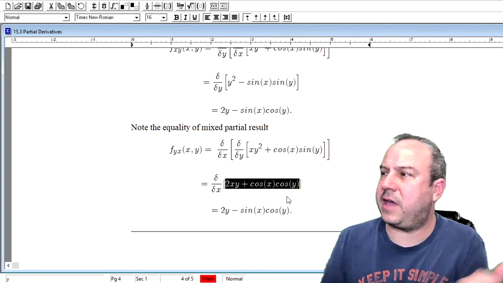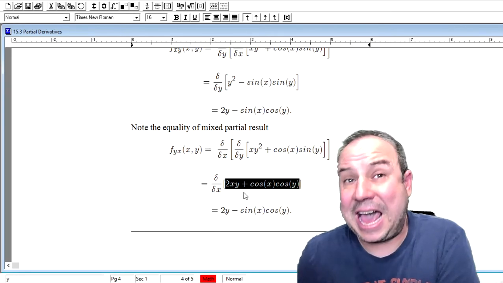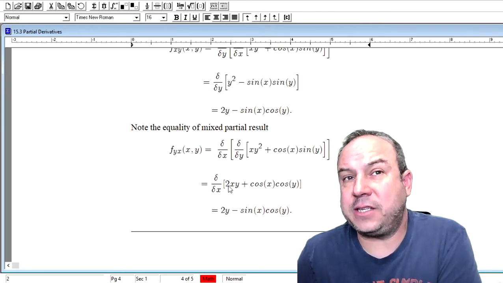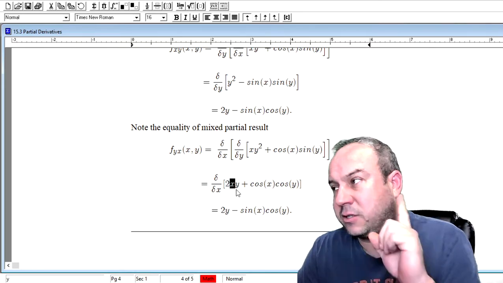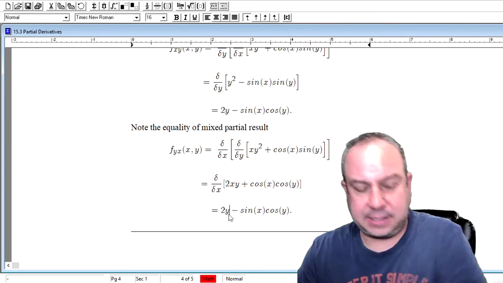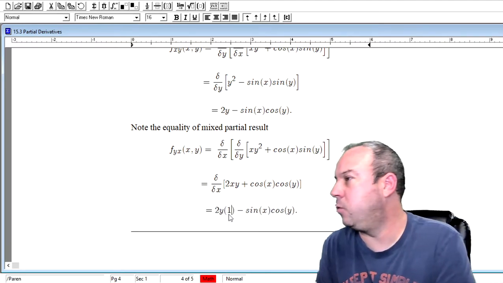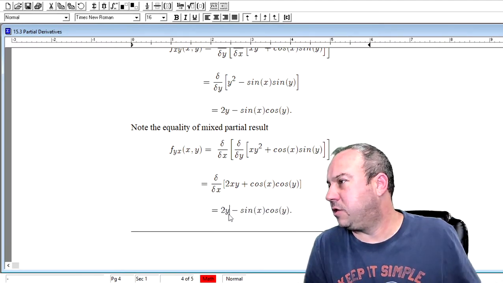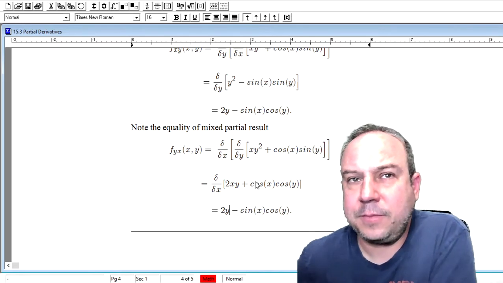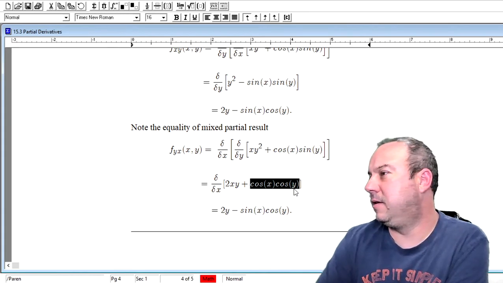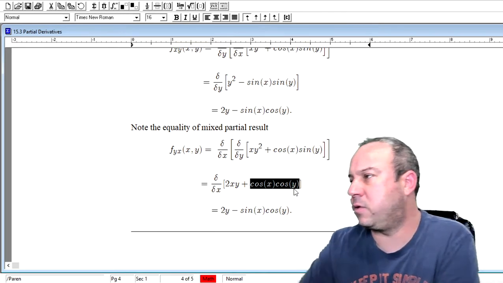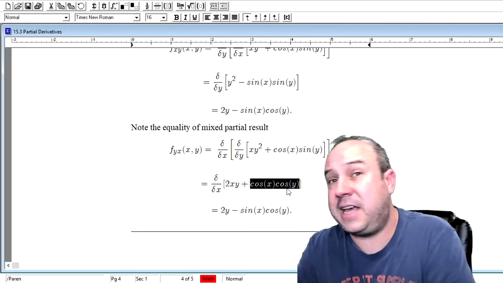But now if we took that and found its partial with respect to x, the 2y is treated like a constant multiple. The derivative of x with respect to x is just 1, so that's 2y times 1, very similar to above. But you get 2y. Plus the derivative of cosine x cosine y. Cosine y is a constant. The derivative with respect to x of cosine x is negative sine x.